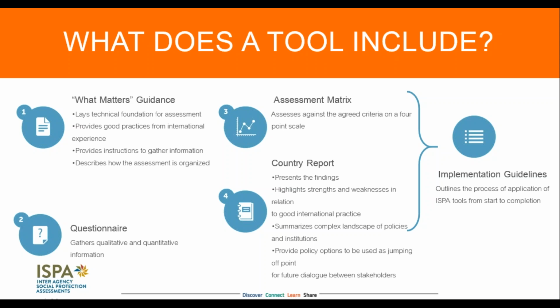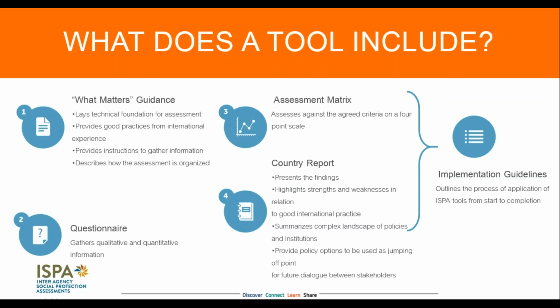That's accompanied by a questionnaire which draws down from both qualitative and quantitative work, and it guides the user through a very structured process to be able to satisfy them in terms of them having addressed all of the salient questions in relation to the particular issue. So in social protection payments, there's a range of questions on, as we'll discuss, financial infrastructure, on the range of payment mechanisms, etc. All of those questions are then filtered into an assessment matrix, which assesses the agreed criteria on a 4-point scale, and that therefore identifies where some of the strengths and the weaknesses of the existing system are.